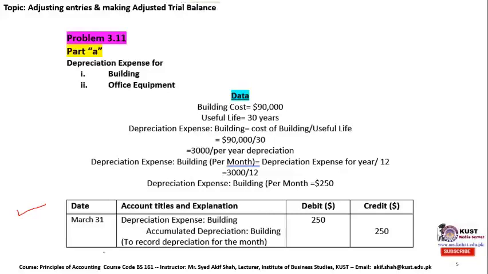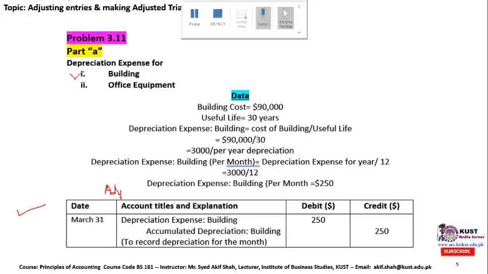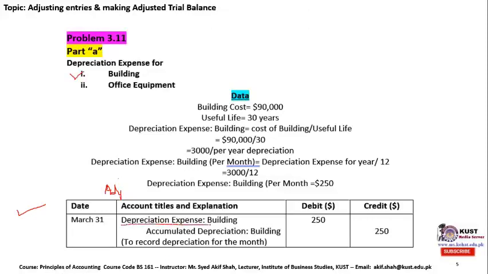We have seen that on March 31st we did our adjusting entry over here in part A, under the instruction that we have to incorporate it into the adjusted trial balance. We have to analyze carefully the two titles which are named depreciation expense building, with a debit entry of $250.